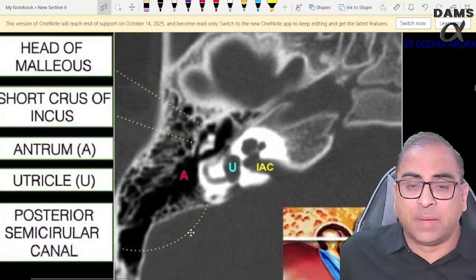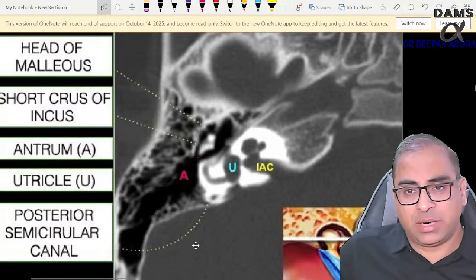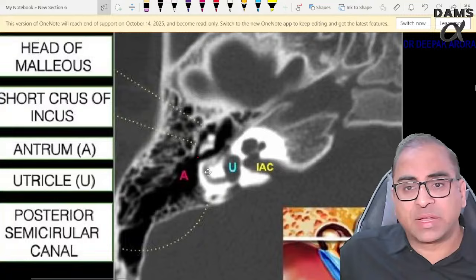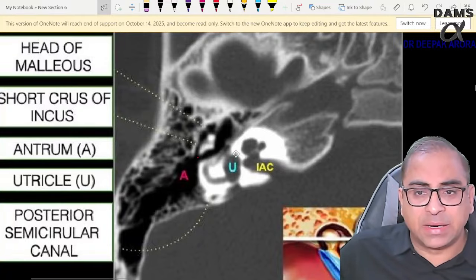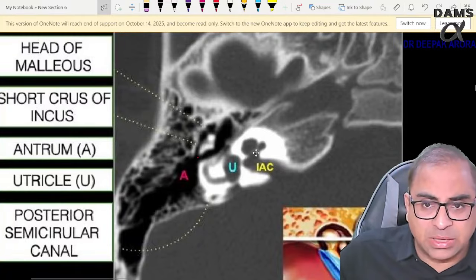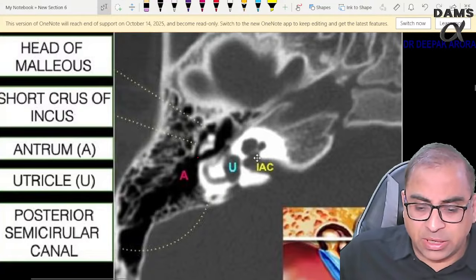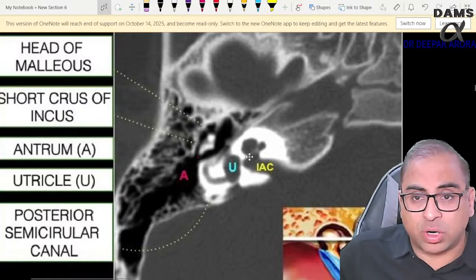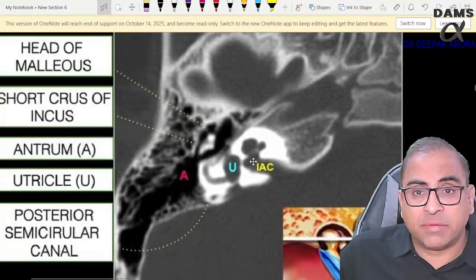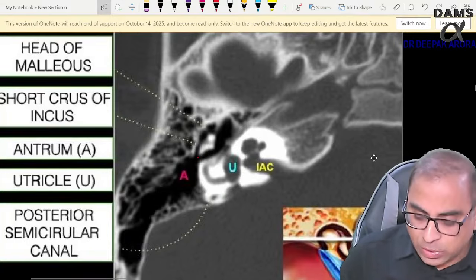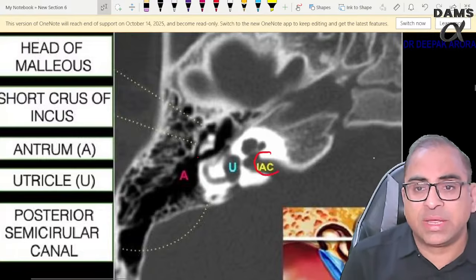Antrum is your mastoid segment. And if you go deep inside, this area is my inner ear, and just next to the inner ear, what we have learned in the auditory pathway, next to the cochlea is your cochlear nerve, the eighth nerve, which is moving into the internal auditory canal. So what the examiner has asked you is this canal.